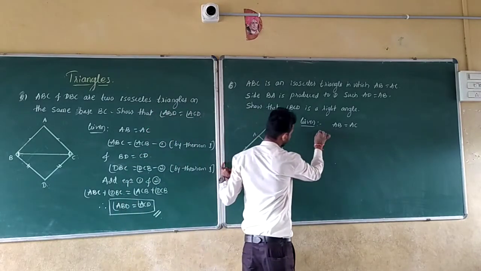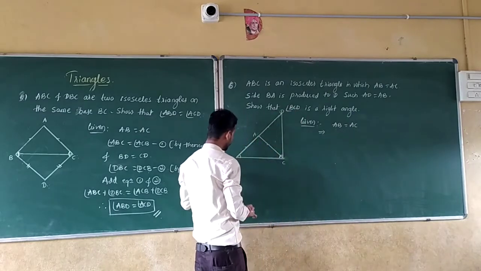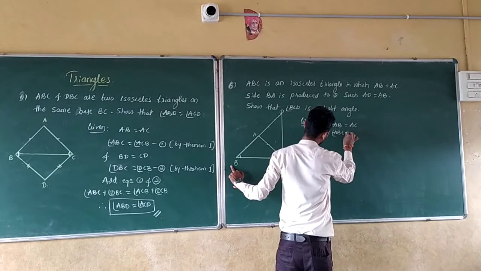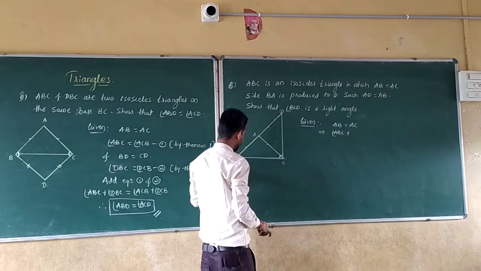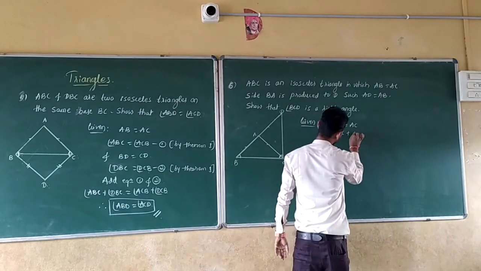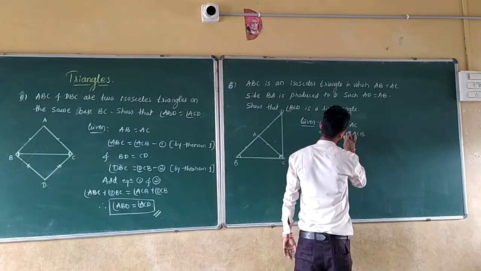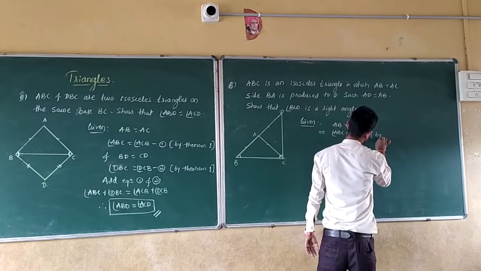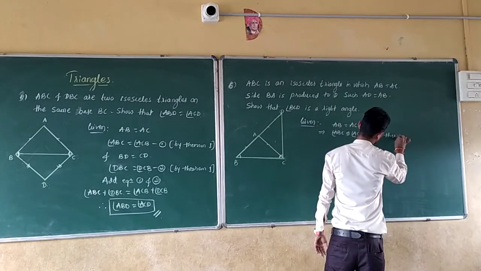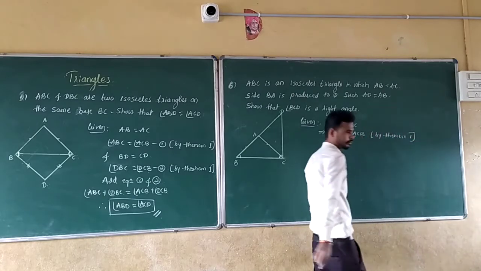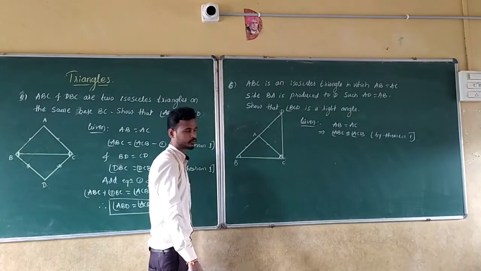So write that: angle ABC is equal to angle ACB, by theorem 1.